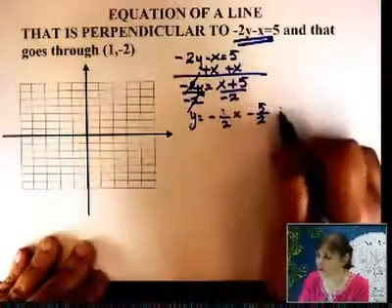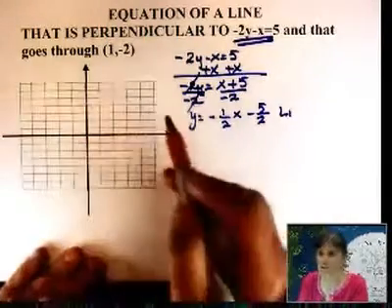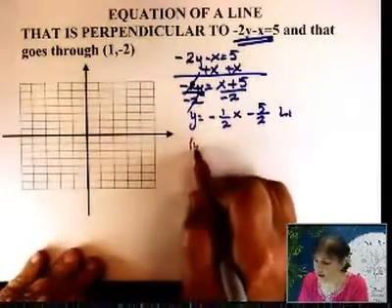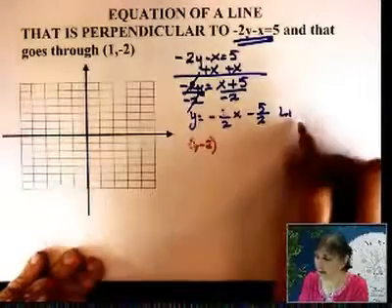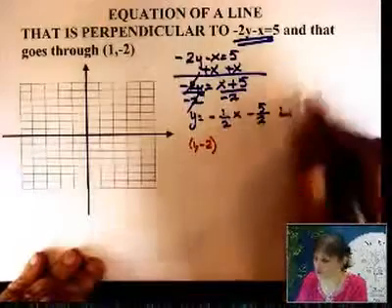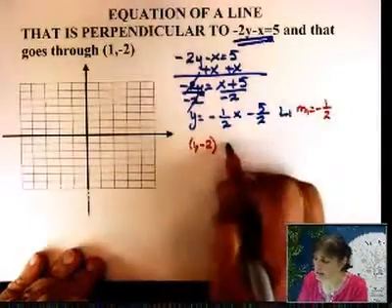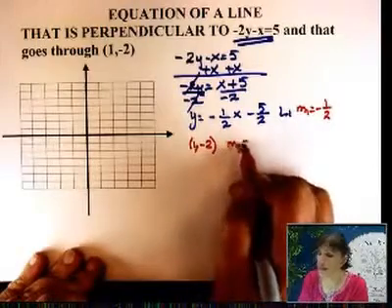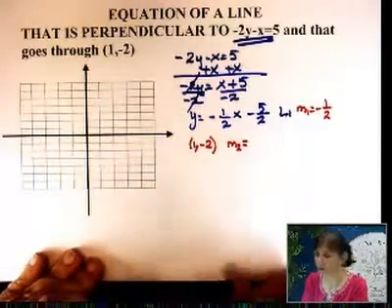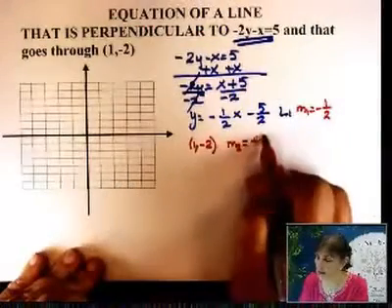That's my first line. Let's go to the second line. Second line needs to go through 1, -2, and it has to have a slope perpendicular to the first one. The first slope is -1/2. So that means the second slope has to be the negative reciprocal of the first. Reciprocal, flip it over. This is negative, that means it's positive.